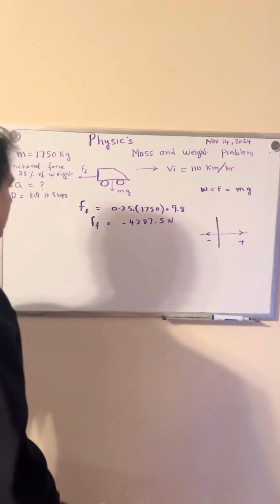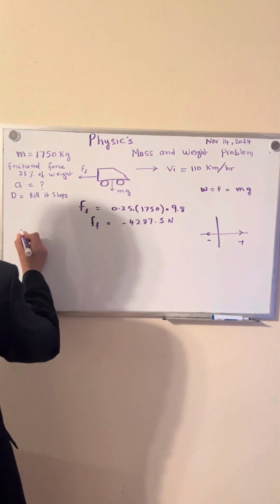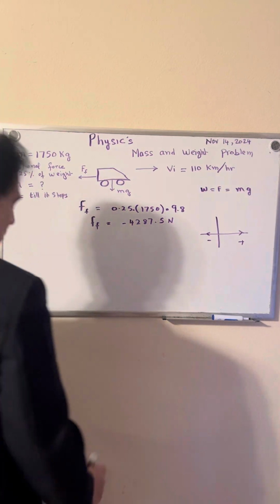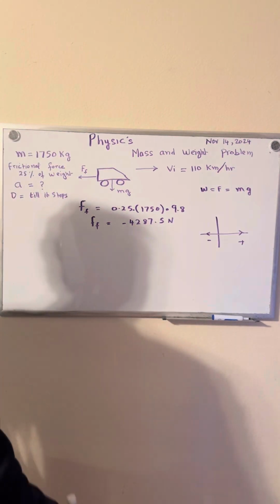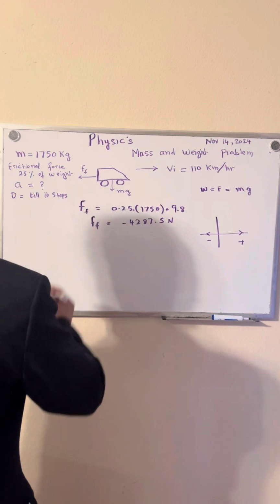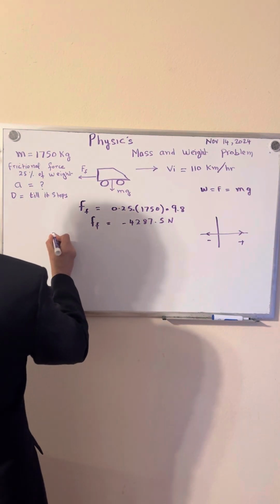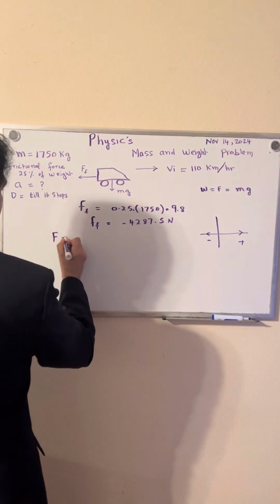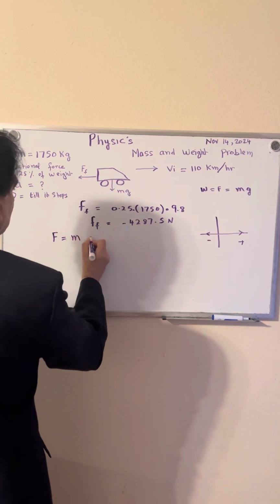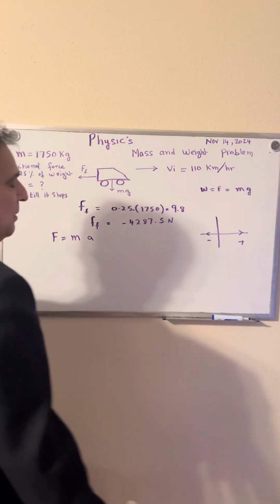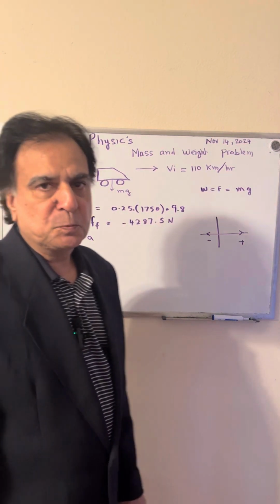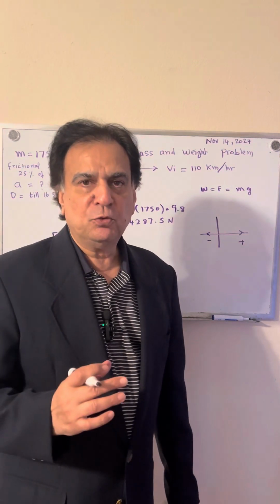Now, the next question is find the acceleration. So, how do you find the acceleration? Well, we can use Newton's second law of motion, which is basically force is equal to mass times acceleration. But in this particular case, we have to find the sum of the forces.